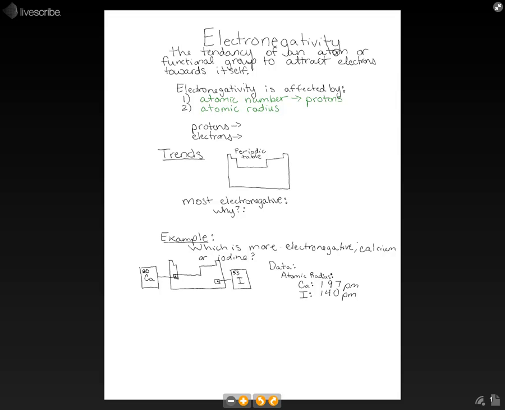So, thinking about these two things, we're really talking about the interaction between these protons and electrons. So we know protons have a positive charge, and electrons have negative charge.